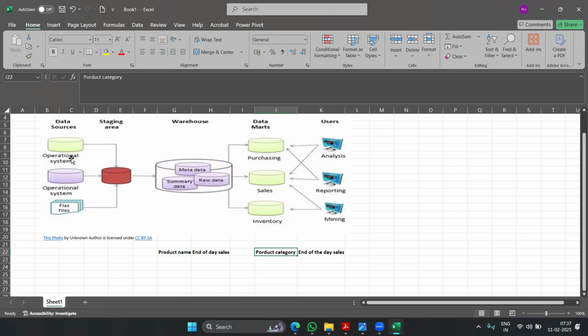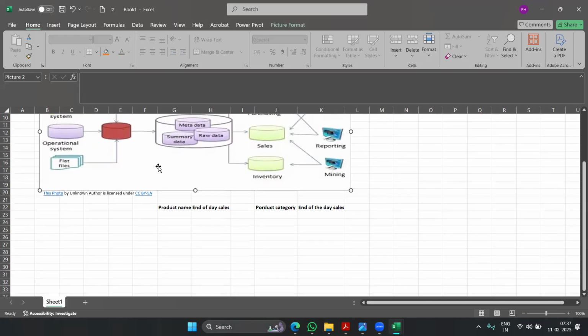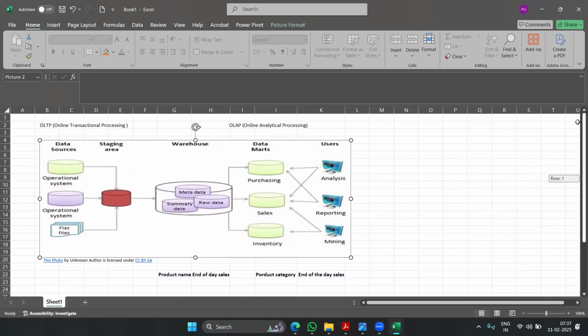In the operational systems, they try to keep only the latest 2 or 3 addresses, say your current address and your previous 2 addresses. But in warehouses, suppose a customer is there in the bank for 10 years, we maintain the complete history of the 10 years. Within the 10 years, if you change your address 5 to 6 times, all those addresses would be available in the raw data.